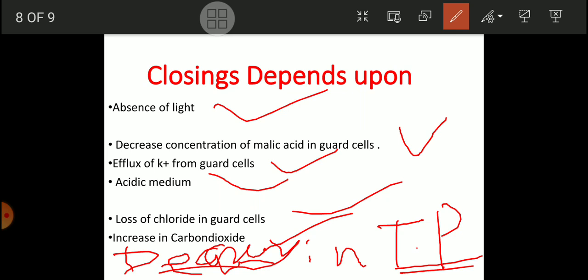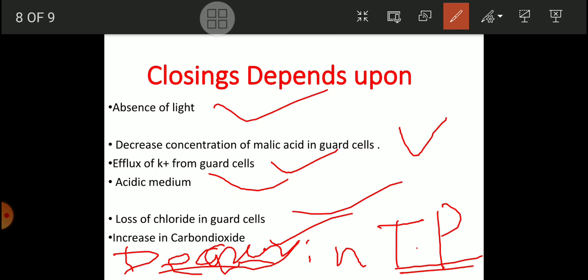That makes them go away from each other, and we have already studied the very interesting structure of the guard cell, which shows variable thickening, isn't it? The thickening we find just close to the stoma, that is, the concave part is very thick and rigid and the other part is thin, isn't it?